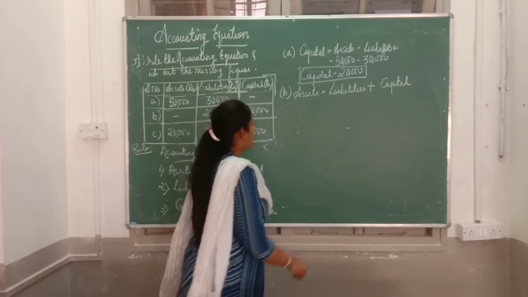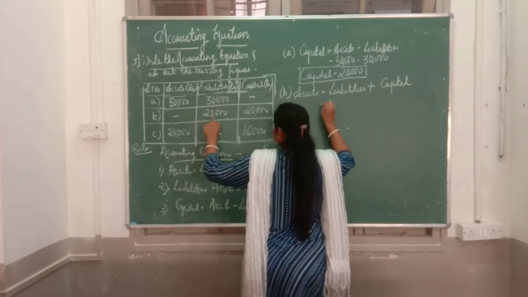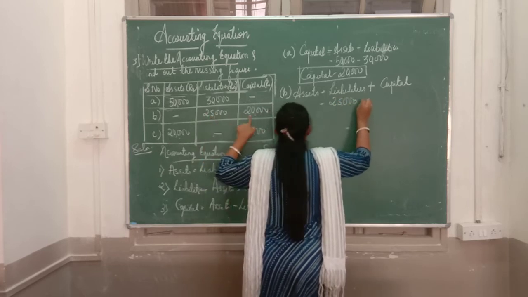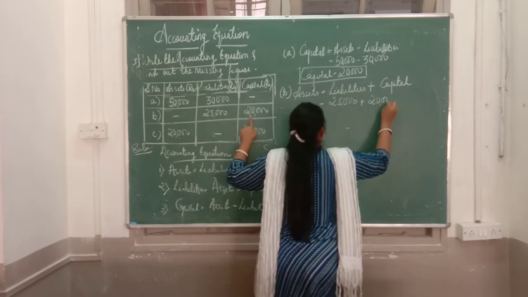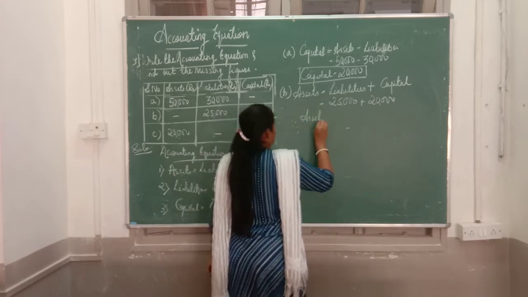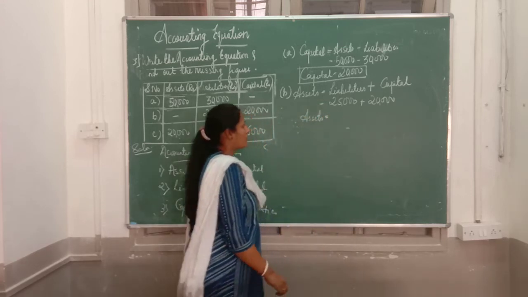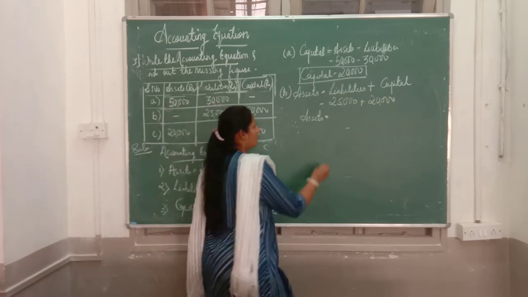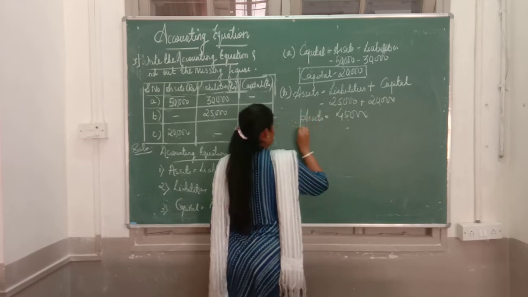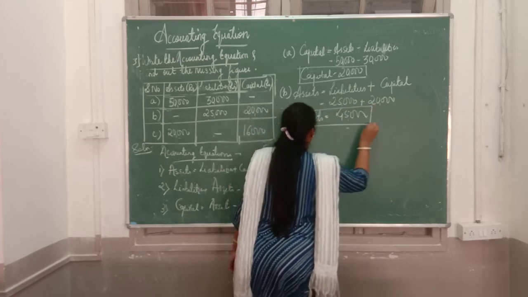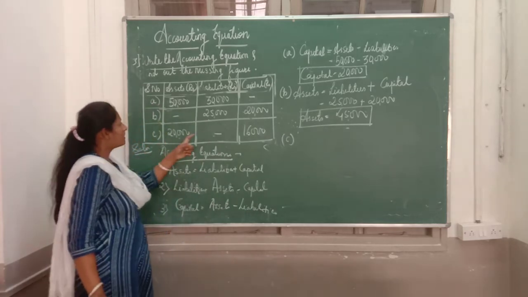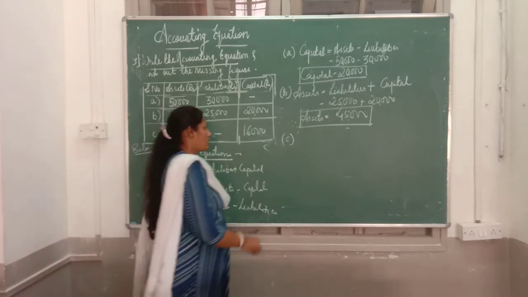Okay, yes. Liabilities is how much? See, 25,000. And total capital 20,000. Therefore, assets is equal to 25,000 plus 20,000 is 45,000. C. Okay, here what is missing? Liabilities. So use liabilities formula.